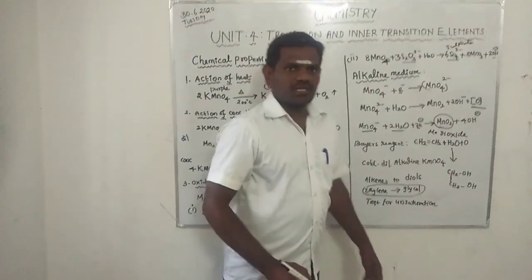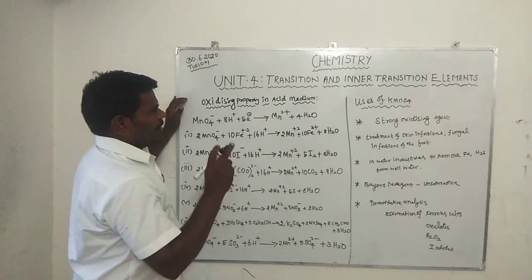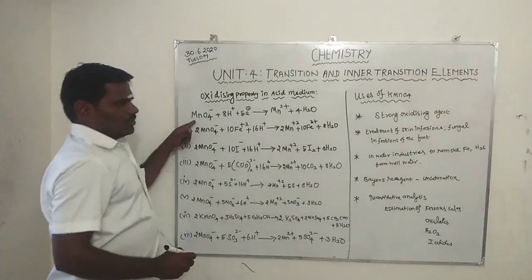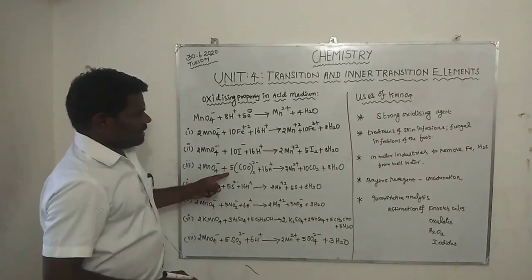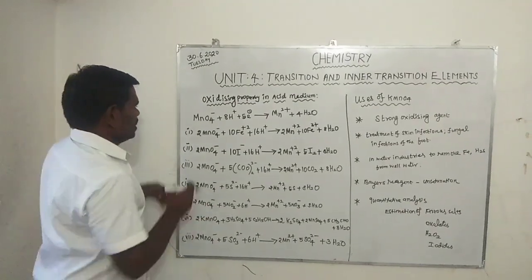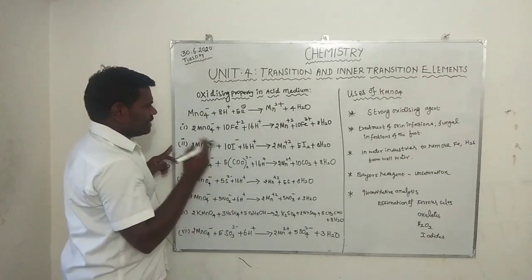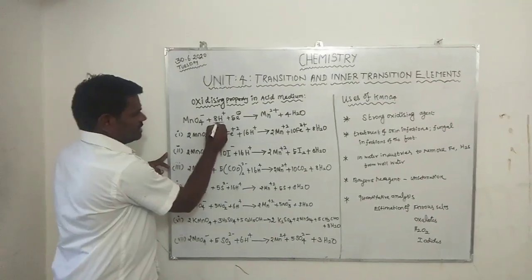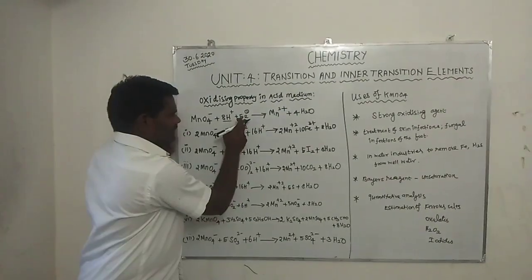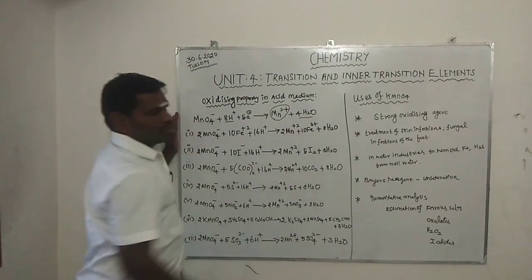The next topic is oxidizing property of potassium permanganate in acid medium. These are the examples, or the evidence, for the oxidizing property in acid medium. MnO4 minus, that is permanganate ion, in acid medium, H plus is nothing but acid medium, with gain of 5 electrons is converted into manganese 2 plus ion and 4 moles of water.